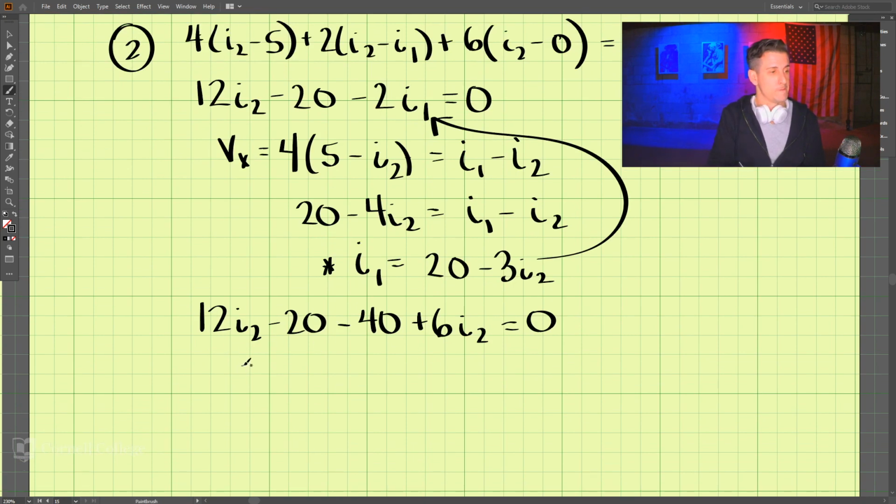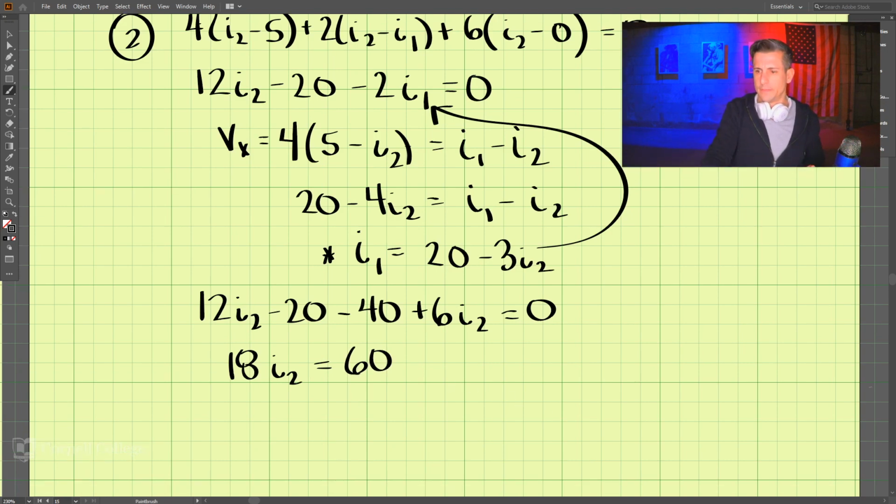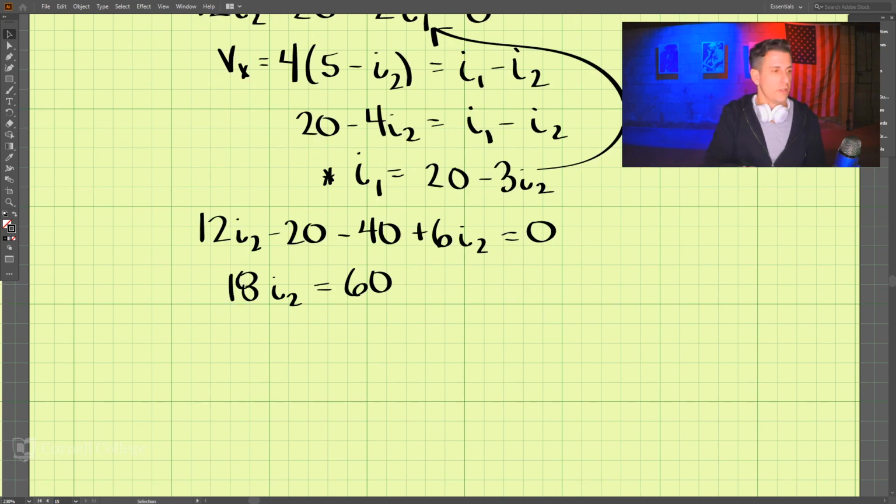So that is 18I2 equals 60. Is that right? Okay, so that is I2 equals 60 over 18 amps.